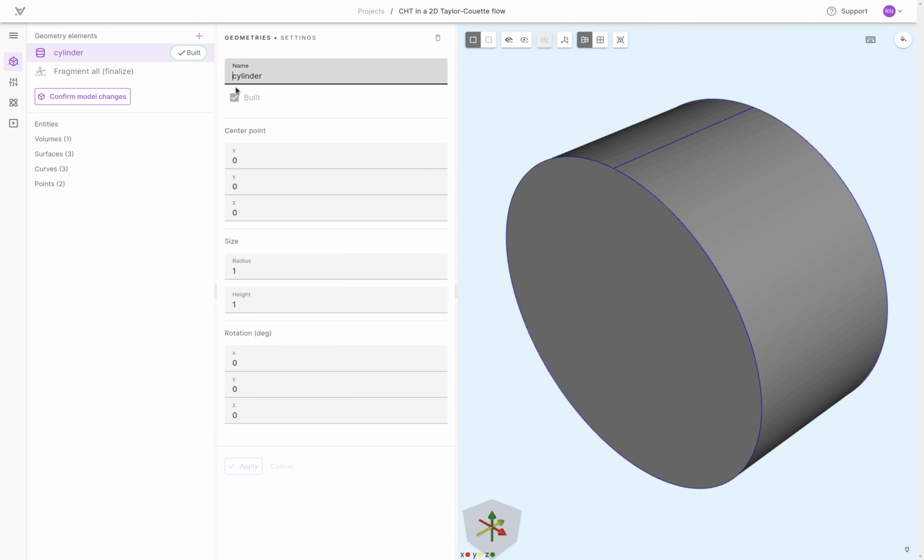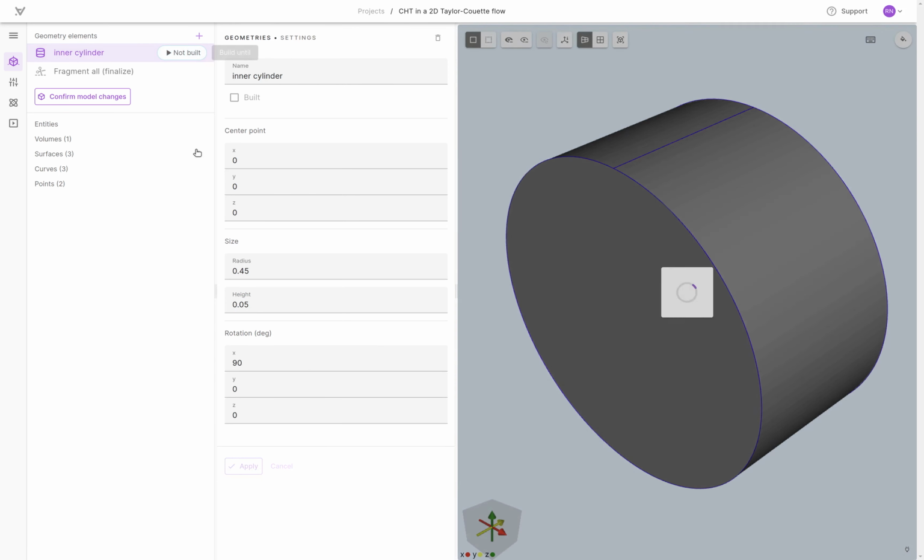We first define the inner cylinder, whose radius was 0.45 meters. Since it's a 2D flow, we provide a very small height of 0.05 and rotate the cylinder by 90 degrees around the x-axis so that the height is in the z direction. We'll build it to see its final form.